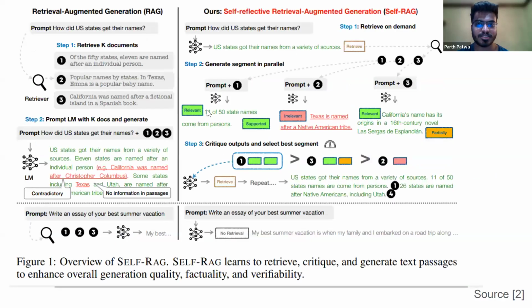So how it would work is, let's say the question is how did US states get their names? First, it is retrieving multiple documents, and then the critiquer is choosing which of these documents is relevant or irrelevant, and then only using the relevant documents, we are generating the response.